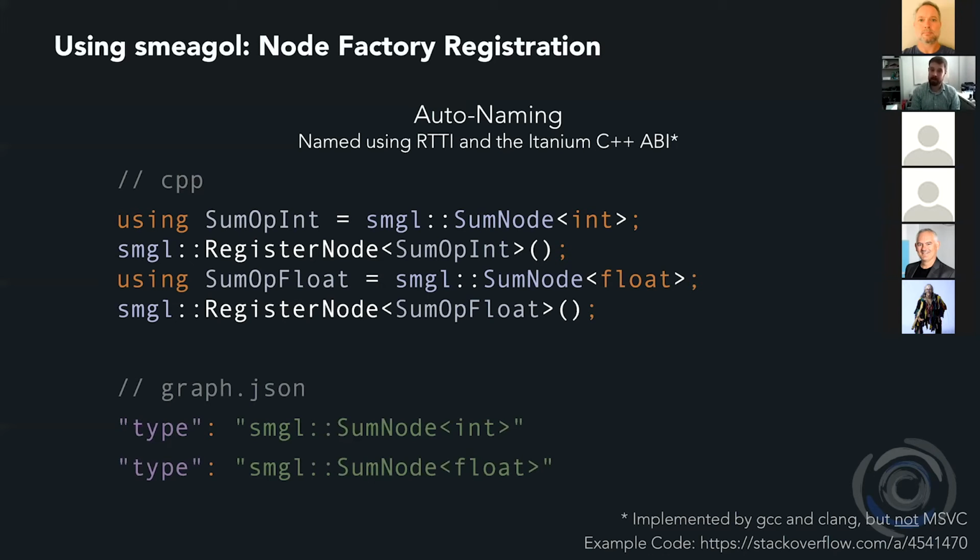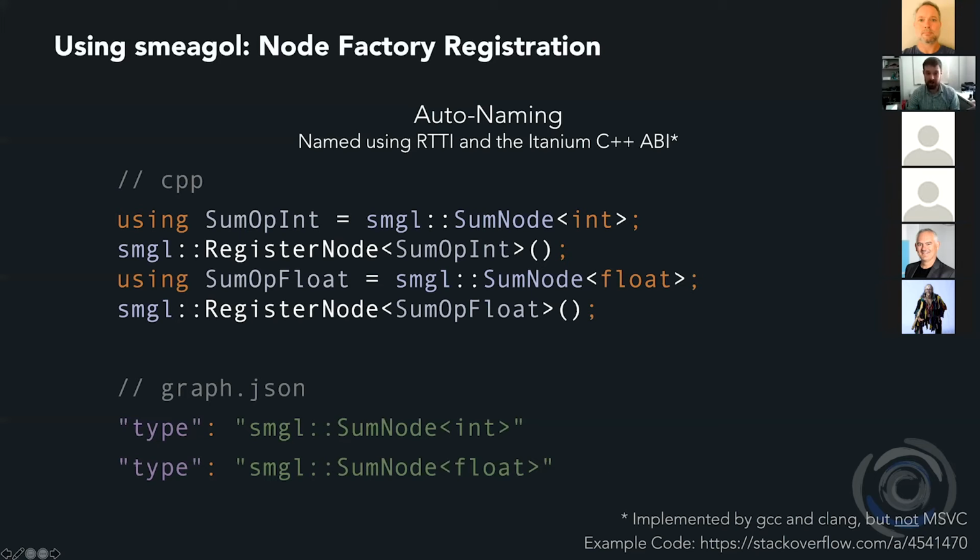That's all because they follow this ABI, the Itanium C++ ABI. And what's really nice is that the ABI actually provides a demangling method. You can give it the RTTI type info name, and it can convert that to the actual declared object name that you came up with in your code.